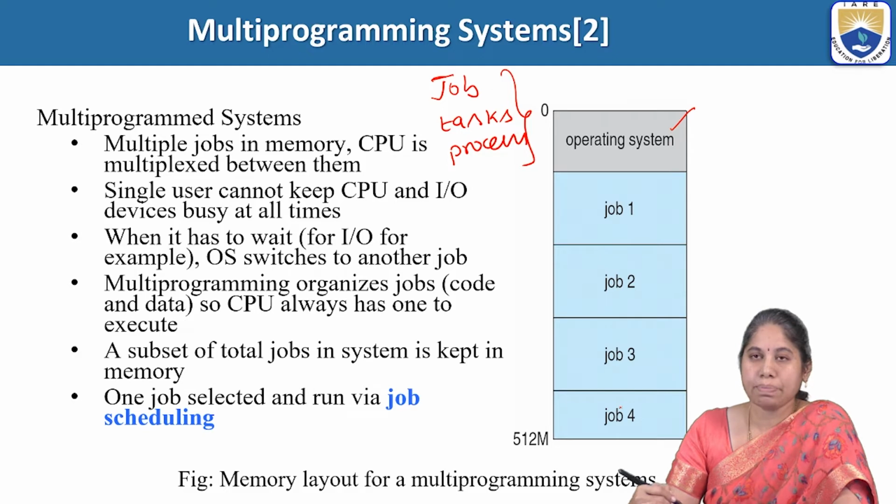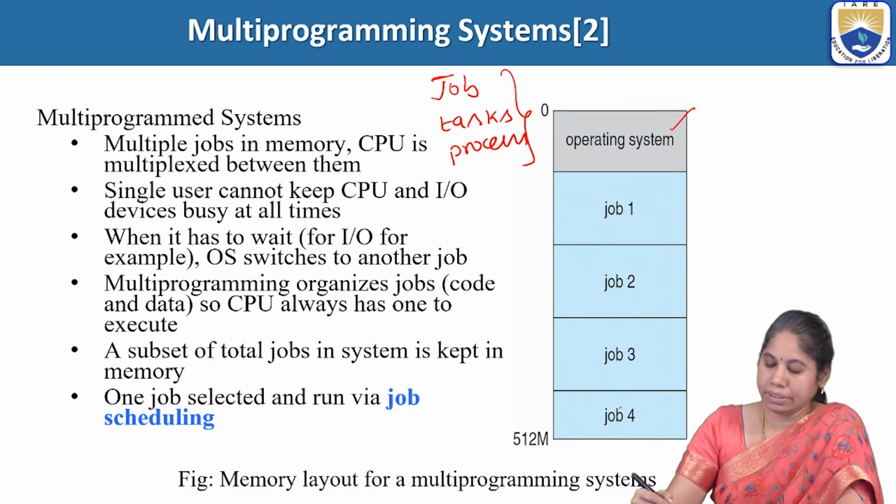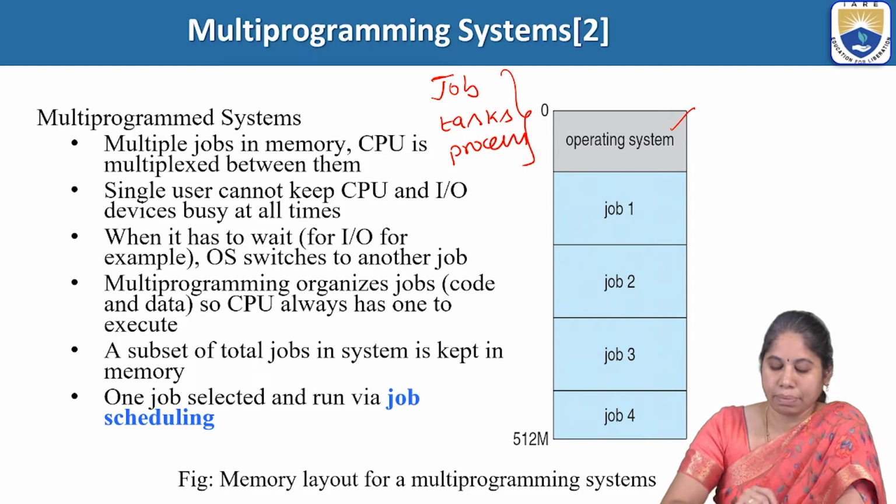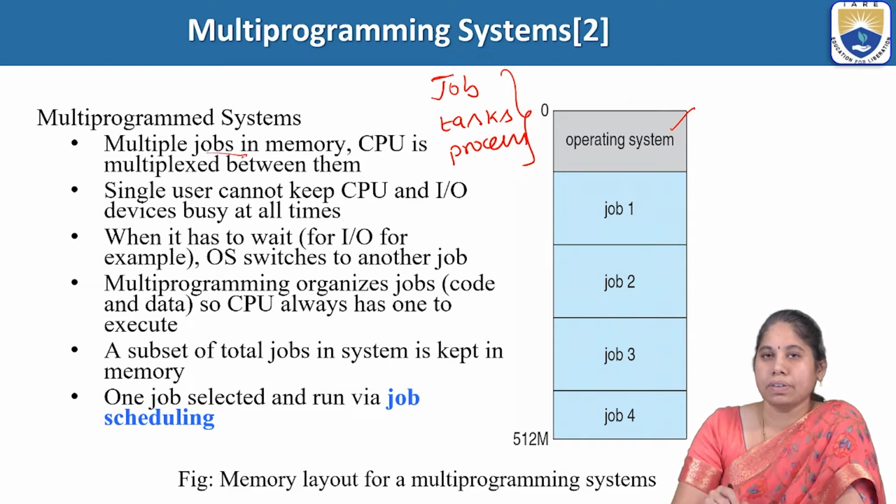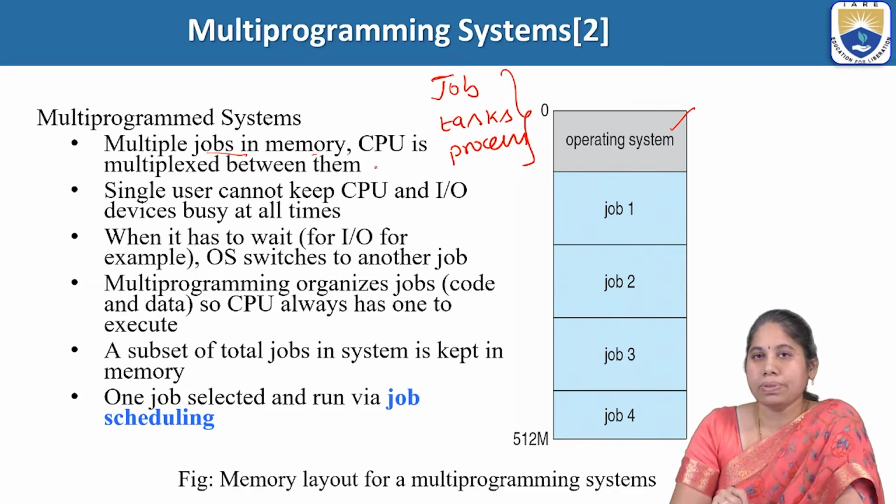So here 4 jobs are running parallelly, executing at the same time. That's multiprogramming. Multiple jobs sit in memory, and the CPU is multiplexed between these jobs. A single user cannot keep the CPU and IO devices busy at all times.